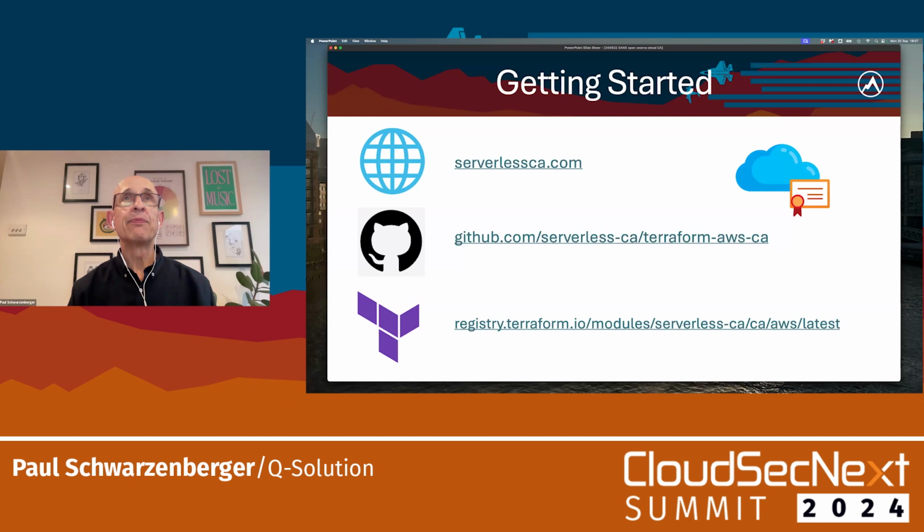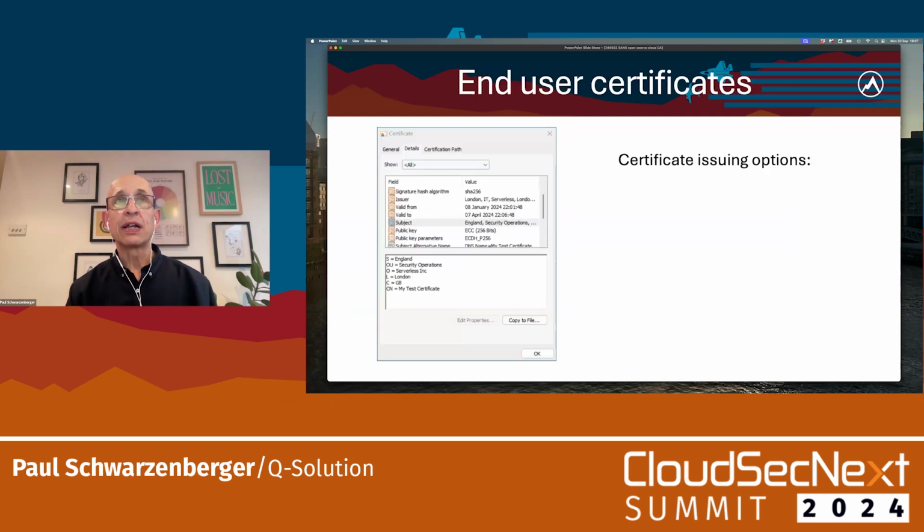So a couple more aspects of the certificate authority. We have a couple of different options for issuing certificates. We have two approaches. The first is directly invoking the Lambda function which issues end device certificates.